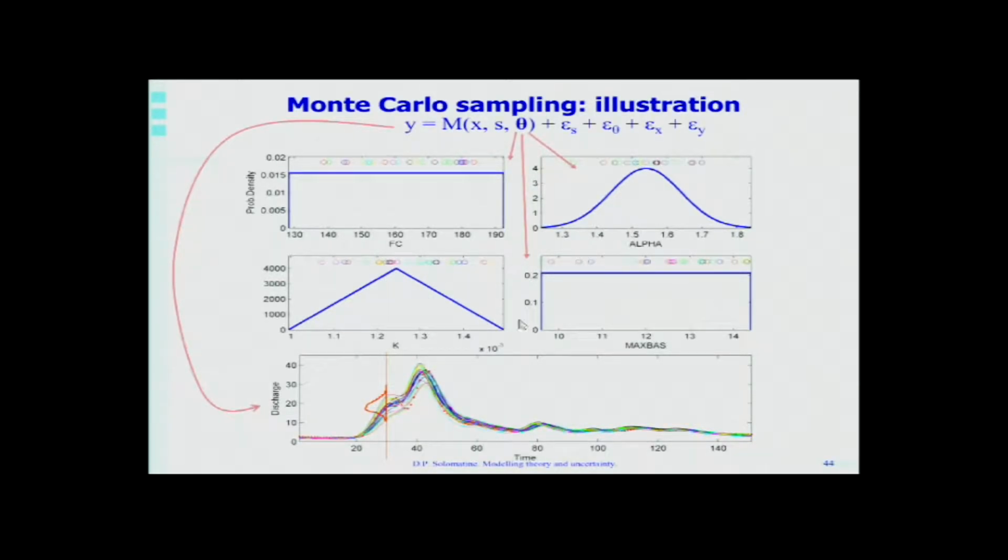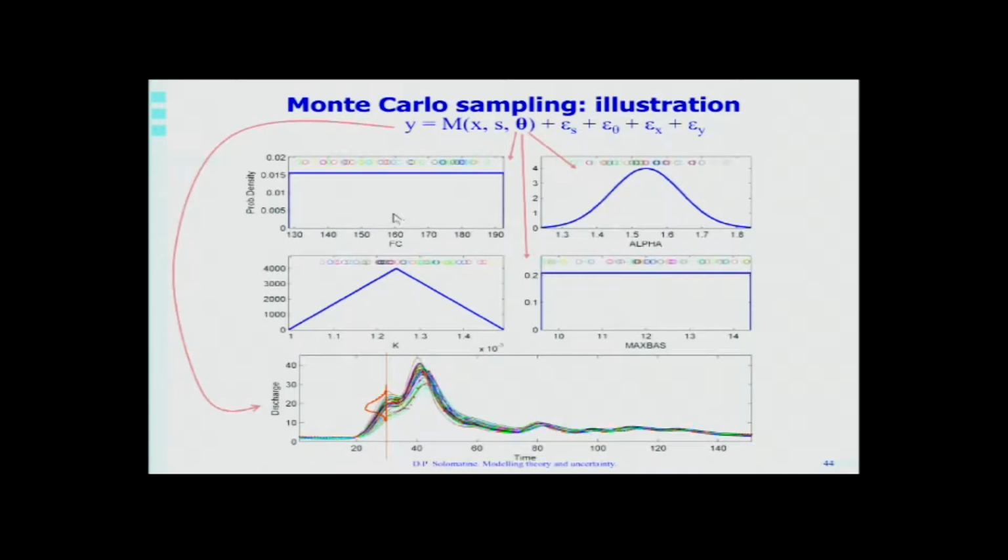This is a triangular distribution, and this parameter is again distributed uniformly. So this is, in fact, a real run of the HBV model for one of the catchments. And what you see here is just 4 parameters shown with their corresponding distributions.